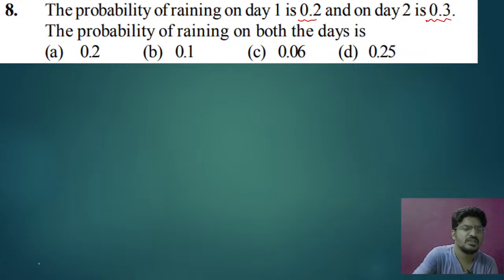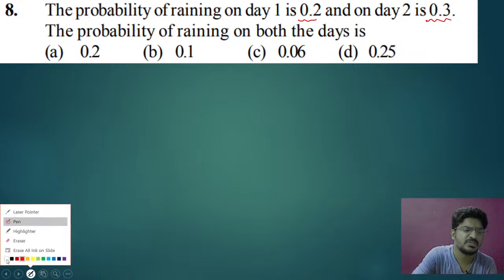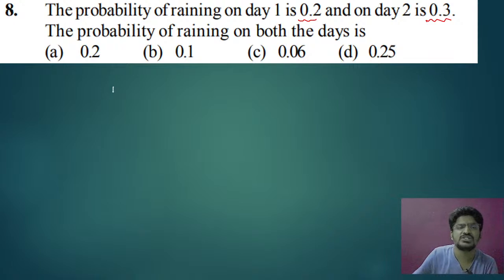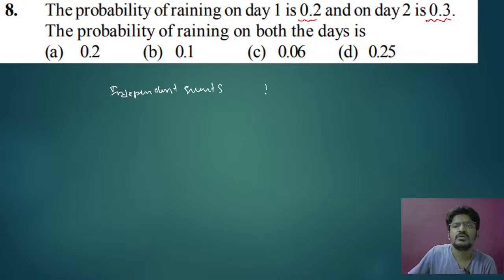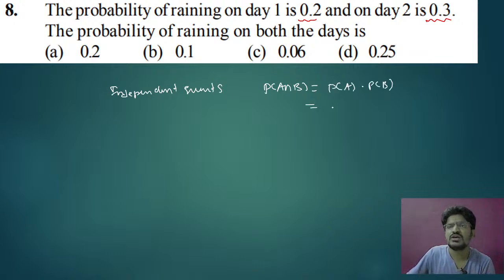You just see, the probability of raining on both days means they are independent events. If they are independent events, probability of A intersection B is given by probability of A into probability of B. So here 0.2 into 0.3.